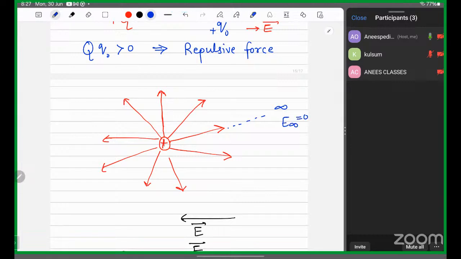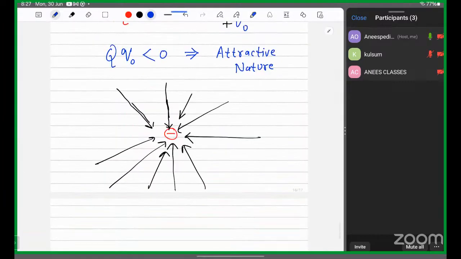Okay? Yes or no? Same is true for negative charge. Electric field lines are coming from a point which is very far from the negative charge, that is infinity, and they are coming towards the negative charge.